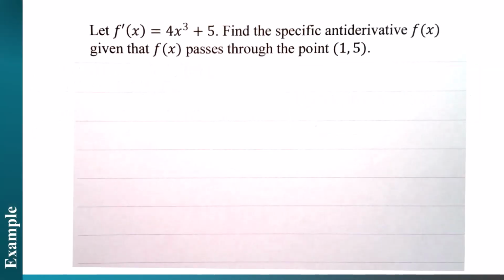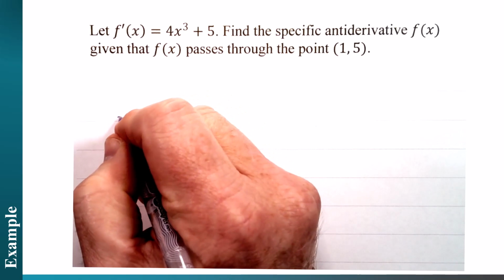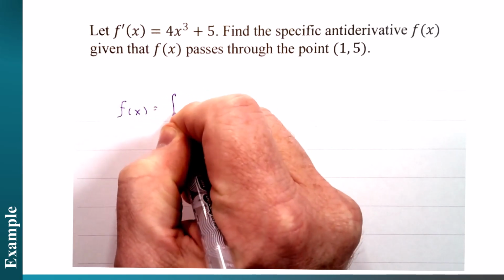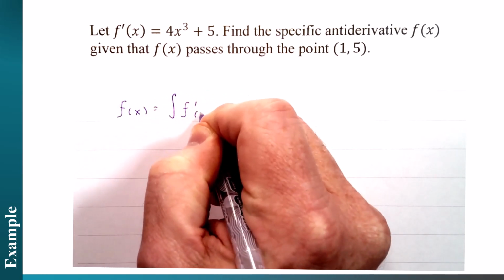Alright, so in this problem, we are told that f prime of x is equal to 4x cubed plus 5, and we want to find the specific antiderivative f of x given that f of x passes through the point 1, 5. Well, we know that f of x is going to be the antiderivative of f prime of x.